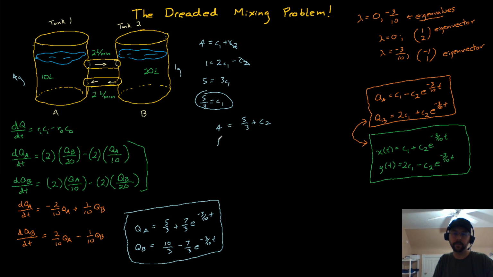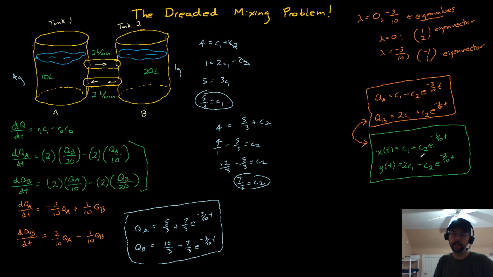I'll go ahead and rewrite it. 4 over 1 minus 5 over 3 equals C2. Times 3, 12 over 3 minus 5 over 3 equals C2. 12 minus 5 is 7. 7 over 3 equals C2.